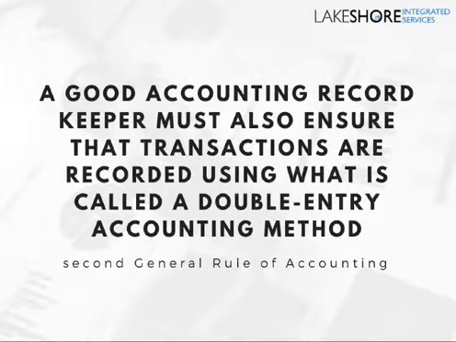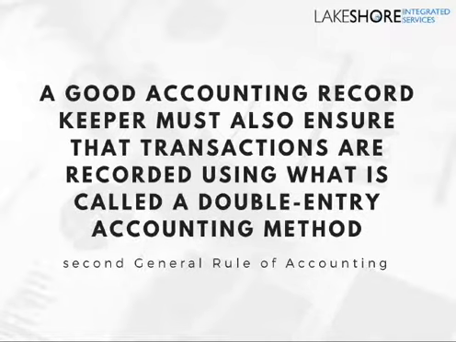A good accounting record keeper must also ensure that transactions are recorded using what is called a double entry accounting method. So if you hire an accountant and you observe that he's not adhering to this principle, you can ask why. Is it that you hired an incompetent accountant or an incompetent bookkeeper?